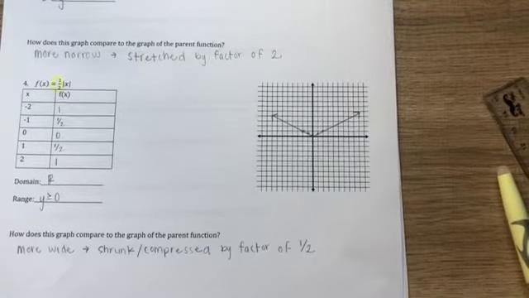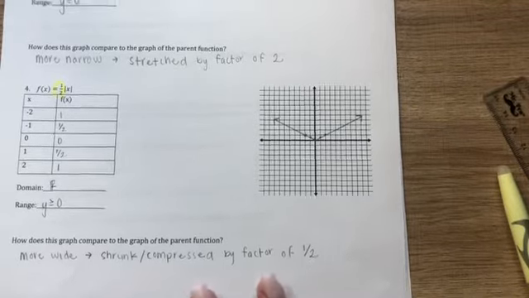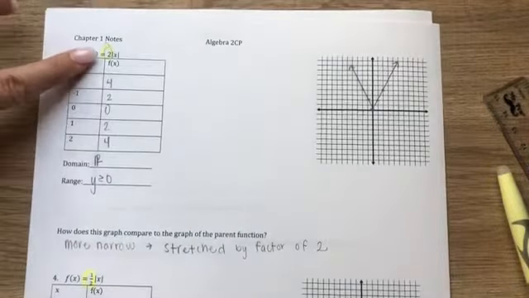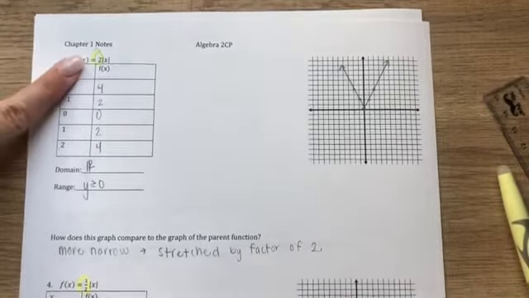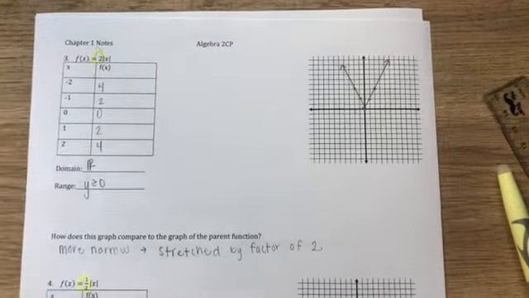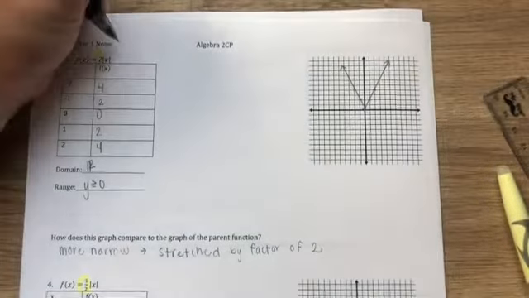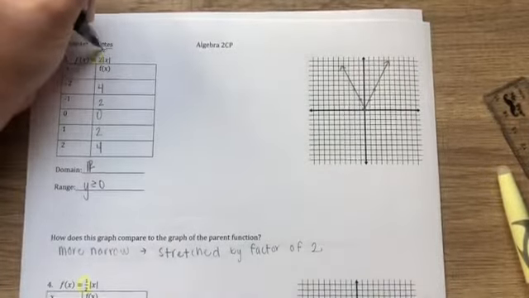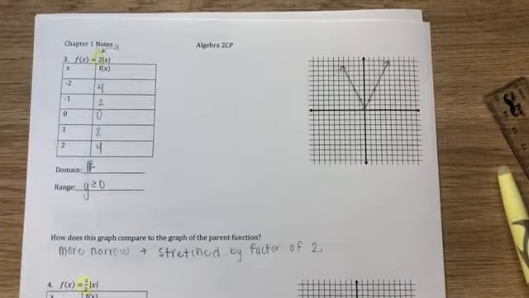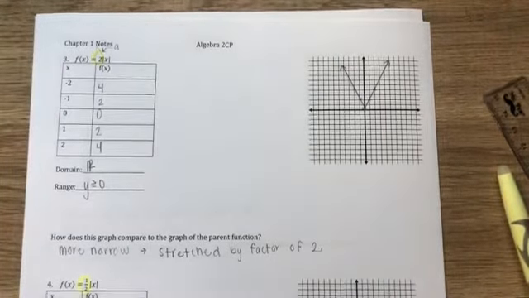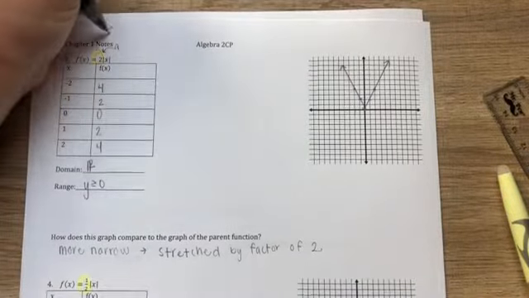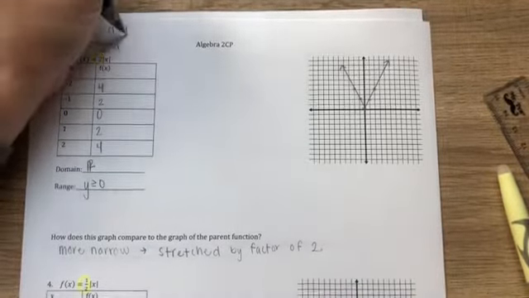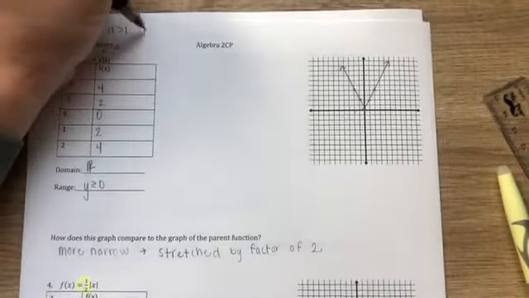What changes it between stretched and shrunk or compressed is the actual number that you're multiplying by the absolute value. So like for number 3, when we multiplied it by 2, anything greater than 1 is going to be a stretch. This coefficient is something we usually call A, and we're going to get more into that later. So when A is greater than 1, you have a stretch.